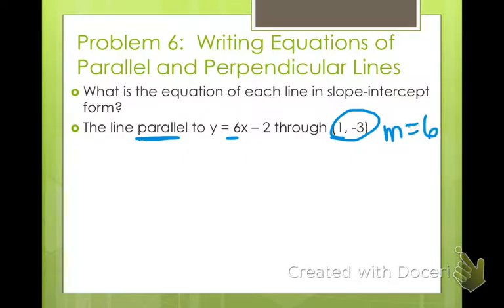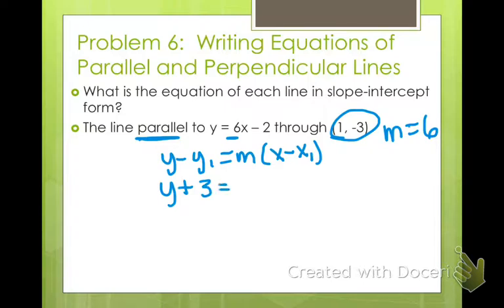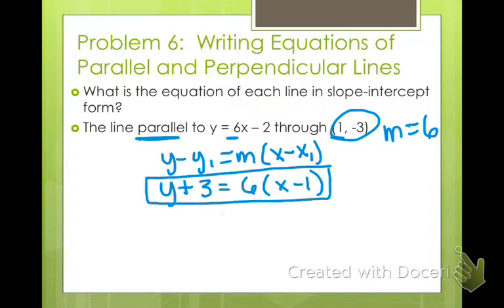So I have a slope and a point, so what form am I going to put it in? Probably point-slope form. So y minus y1 equals m times x minus x1. So I'm just going to substitute in values. Y plus 3 equals 6 times x minus 1. And you're done. That's it.